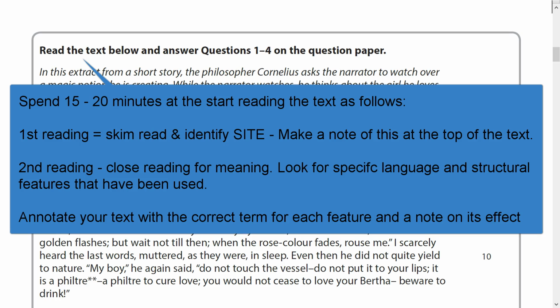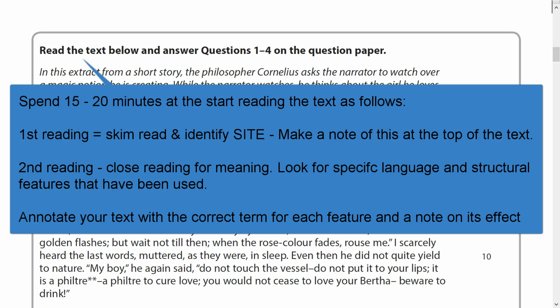Once you have skim read the text and you've got a general overview of what it's about, you can then go back and do some more detailed reading for meaning, because you know that in question 3 you are going to be asked to analyse in detail specific language and structural techniques at word, sentence, paragraph level.